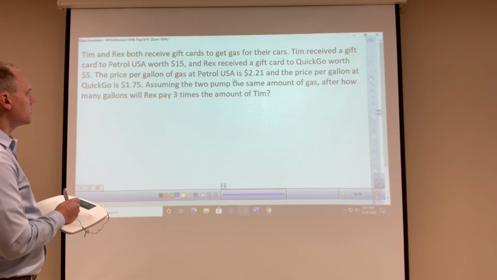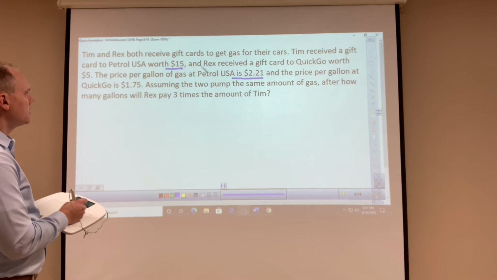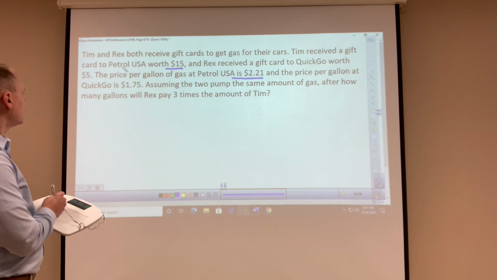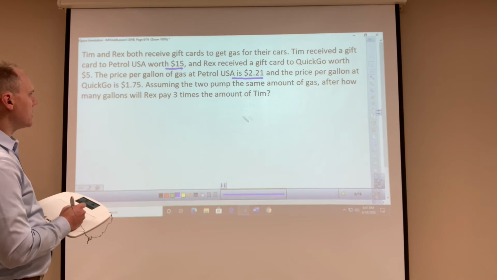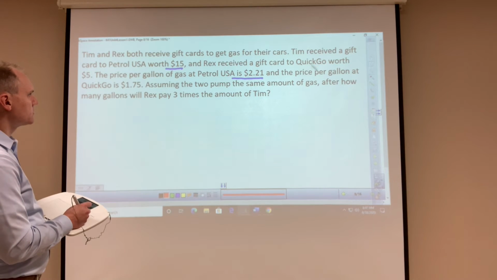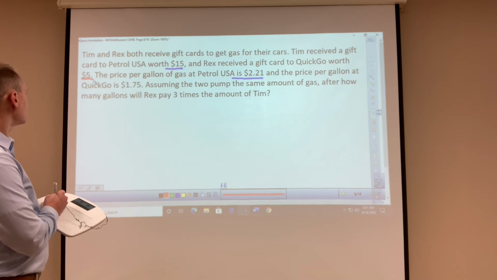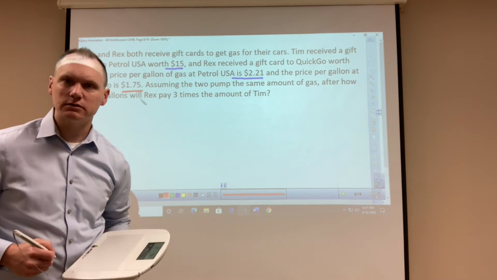So I'm going to underline 2.21 and 15 because that both describes Tim, right? Because Tim received $15 to there, but it's $2.21 per gallon. All right, and then Rex is going to Quick Go. He's got the $5 gift card, and it's $1.75 there for gas.